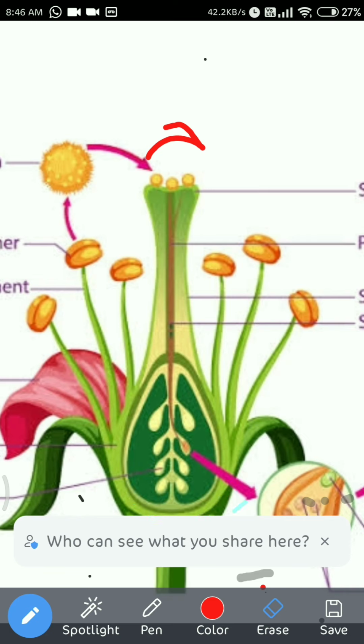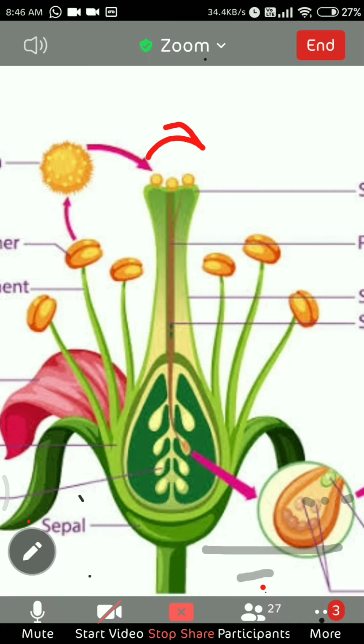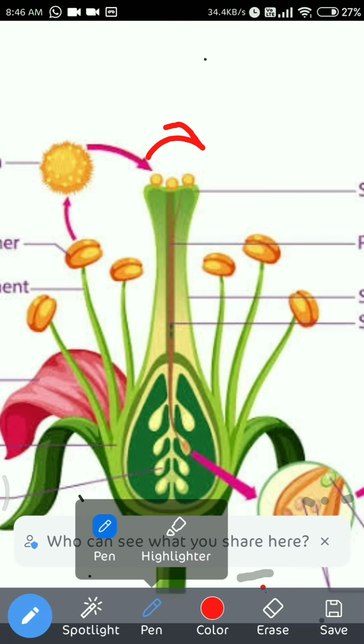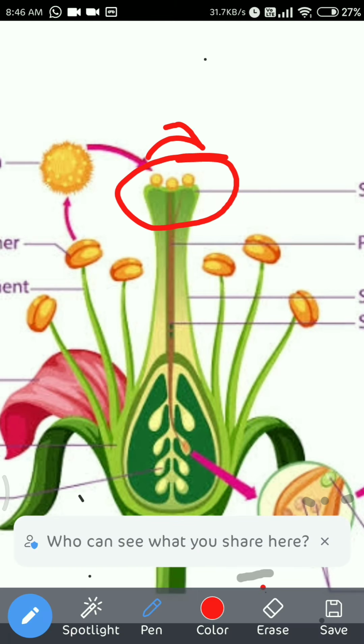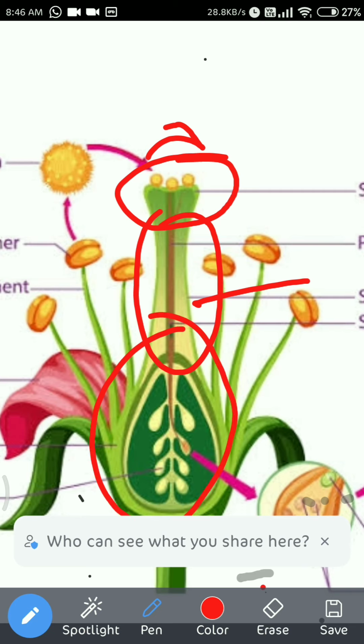It has three parts, as the gynoecium is categorized into three parts as per their function. The uppermost part is called the stigma, this is the style, and this is the ovary, and inside the ovary is the ovule. These are rounded structures; they are the ovules. Inside the ovule, the egg is there.